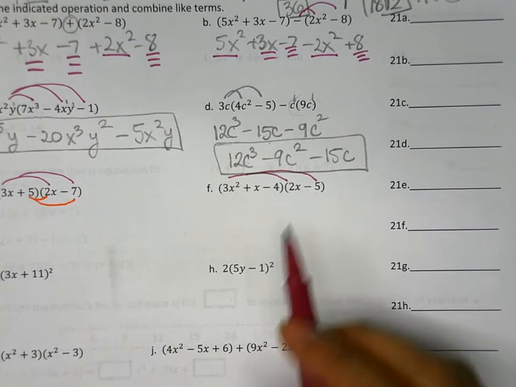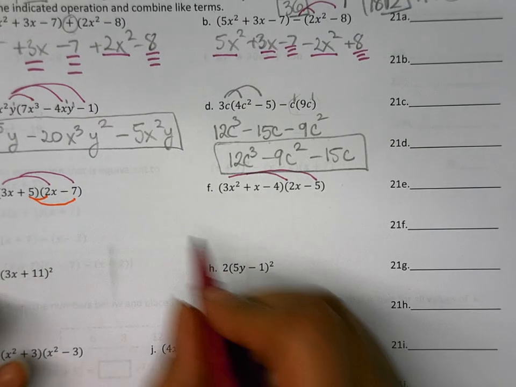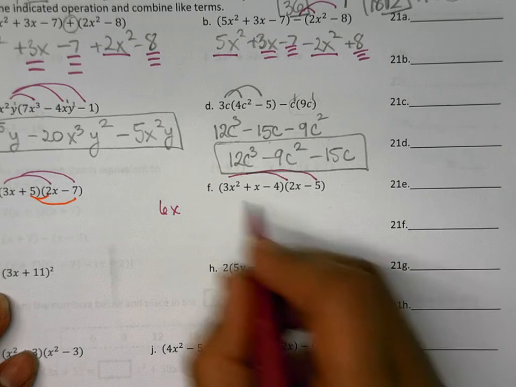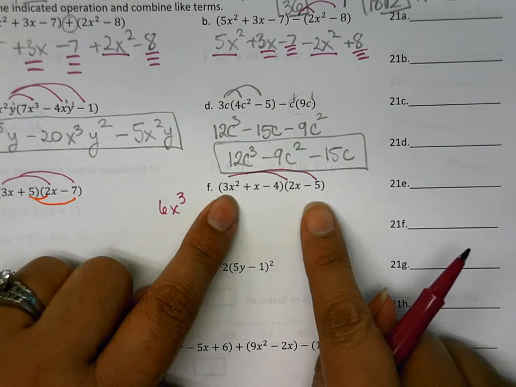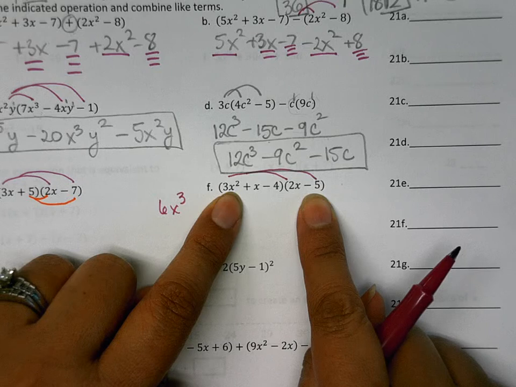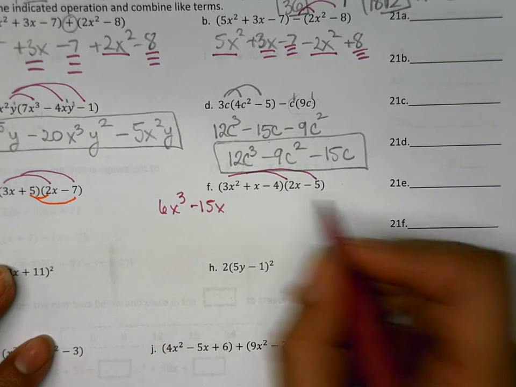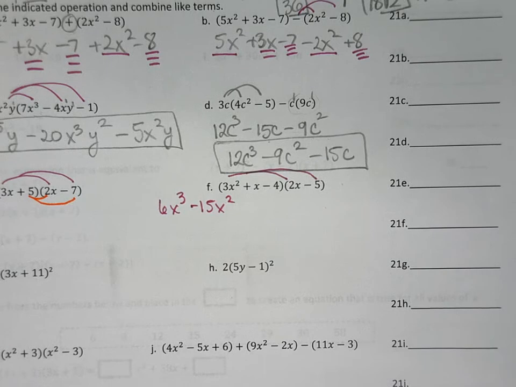Okay, so let me do the first piece first. What's 3x squared times 2x? 6x to the third. 3x squared times negative 5? Negative 15x squared. All right. Any questions on that first part before I distribute the second piece?